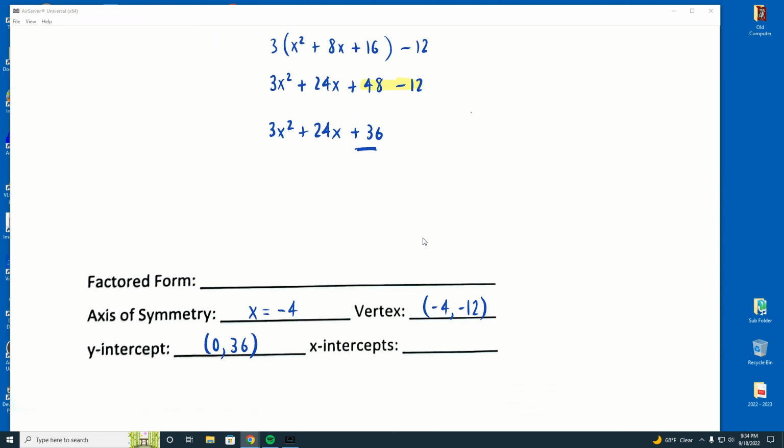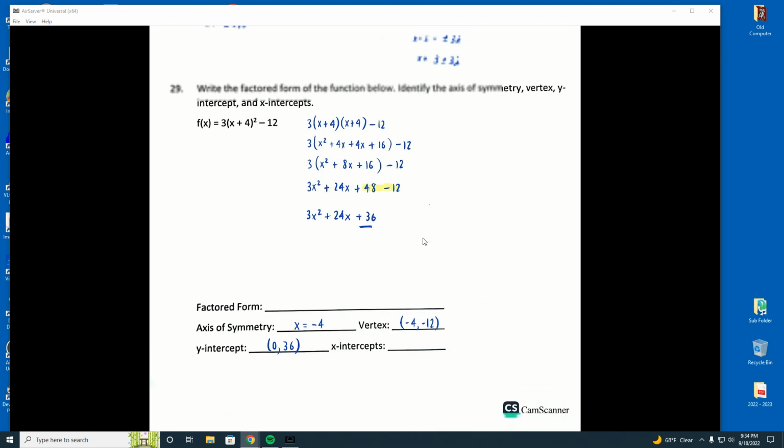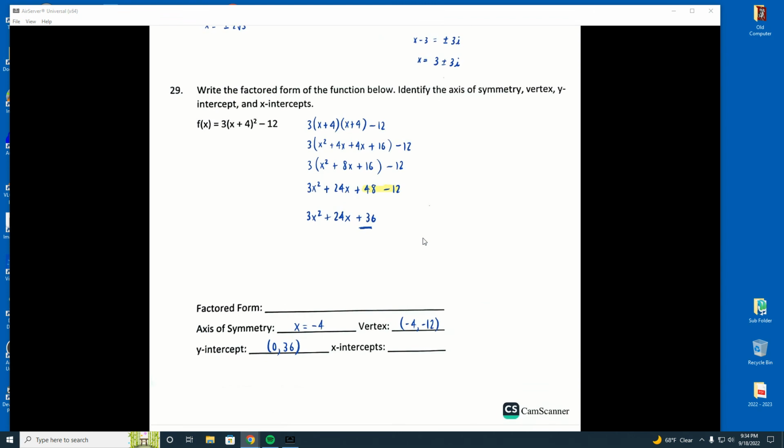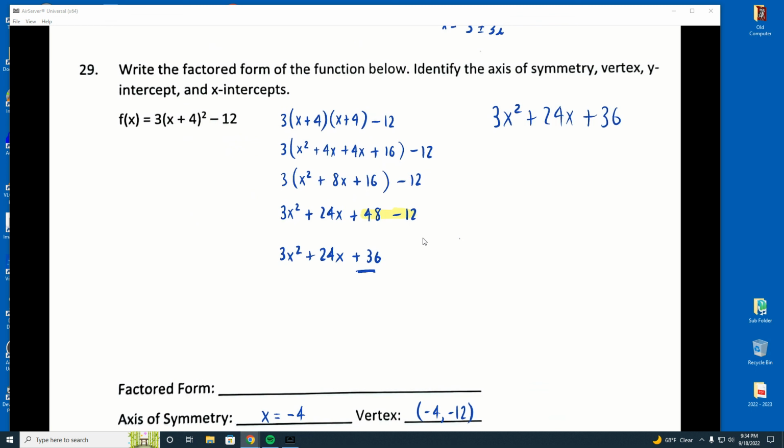So we got one more thing to do. Put it in factored form and then come up with my x-intercepts, which are the factors set equal to 0. So I'm going to go from standard form, 3x squared plus 24x plus 36. And remember what I just said a minute ago when we did this problem? If a has been 3 all along, won't a be 3 here as well?